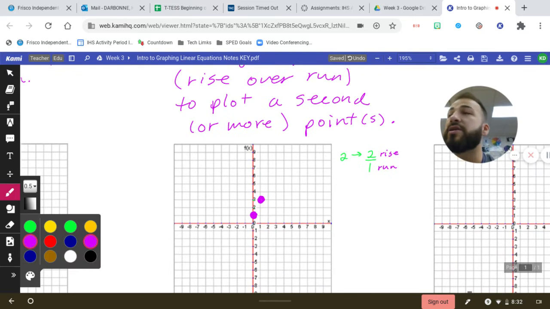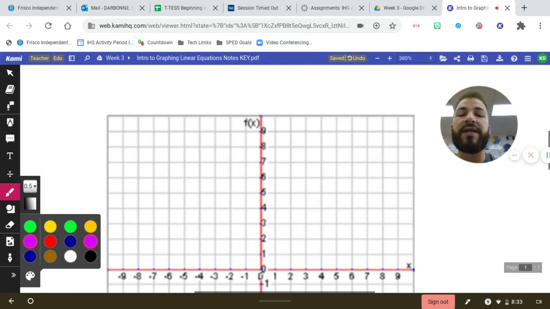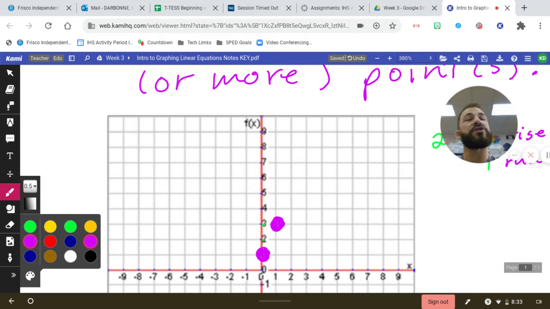And you can be good with 2. Once you get 2 points, that's enough for you to graph your line. But if you're like me and you want to be sure that your line's pretty straight, you can graph a couple more points, just repeating that rise over run. So up 2 to the right by 1, up 2 to the right by 1.